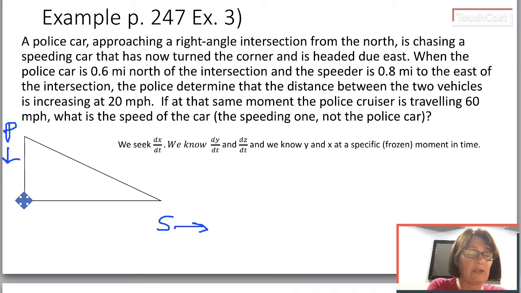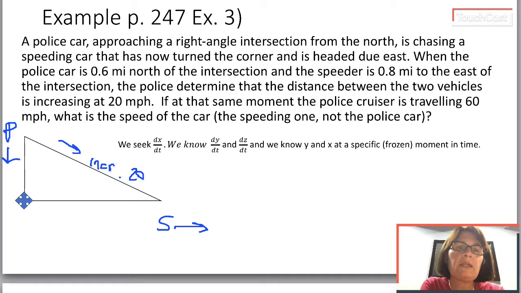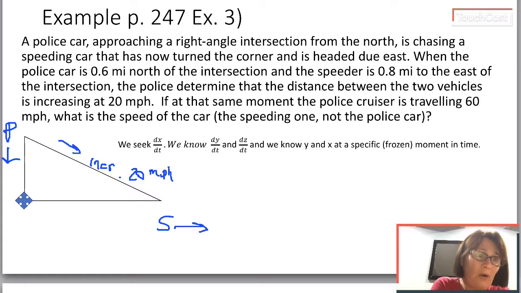They've already turned the corner and they're headed that way. And we know that this distance is increasing 20 miles per hour.